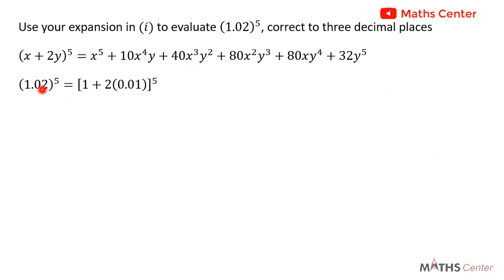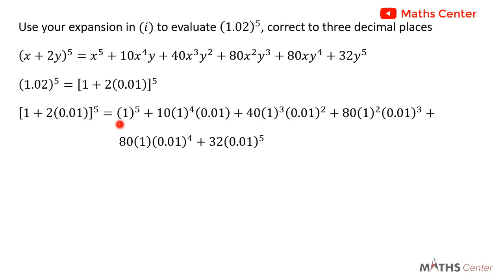So 1.02^5 can be written as (1 + 2 times 0.01)^5. By comparison, you can see that x is 1 and y is 0.01. So we will substitute x = 1 and y = 0.01 into this expansion.